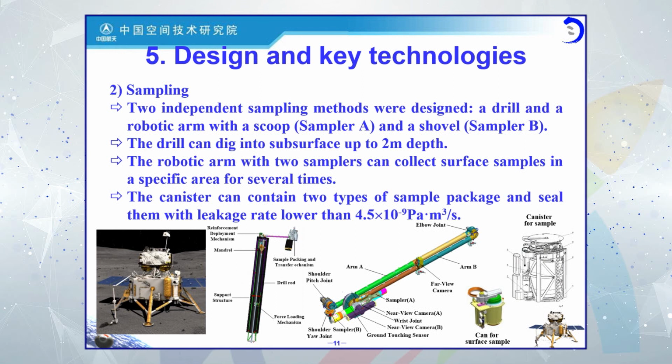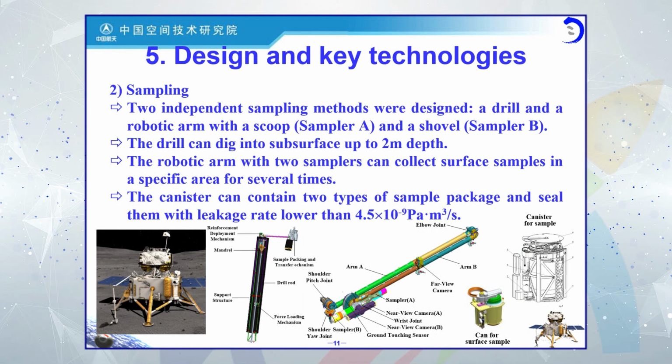Here you can see the configuration of the complex of the ascent vehicle and the lander on the lunar surface. On the near side, you can see the robotic arm with the samples, and then the black structure is the drill, and next to the drill, you can see a robotic arm and some components of the robotic arm.